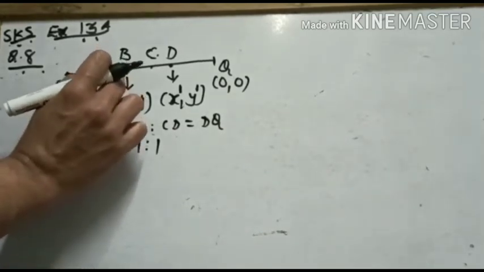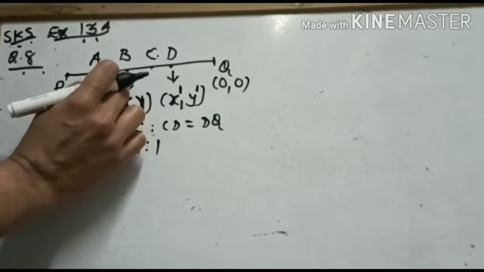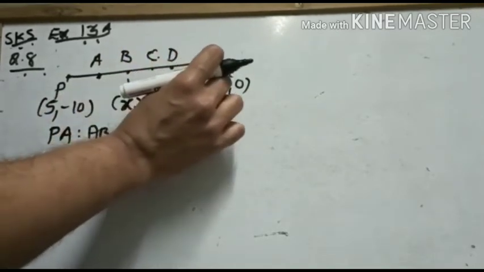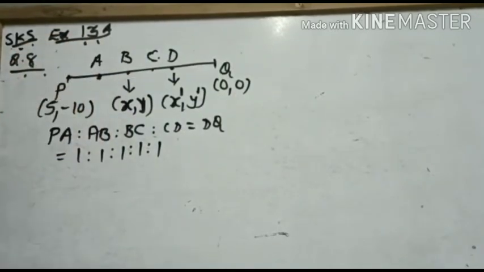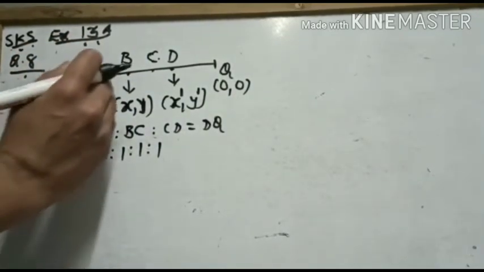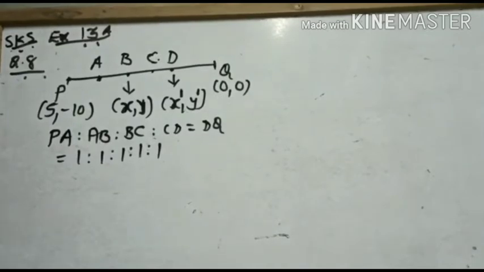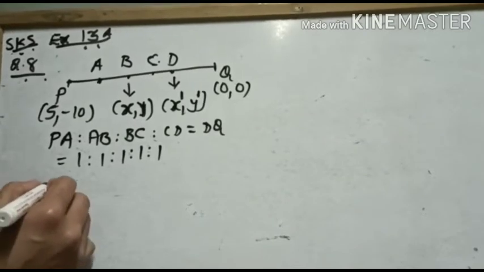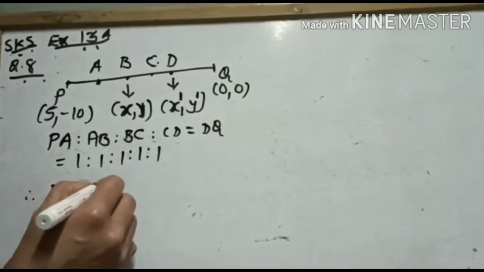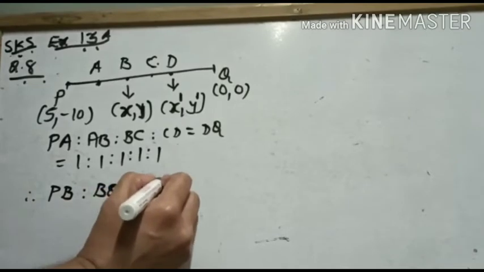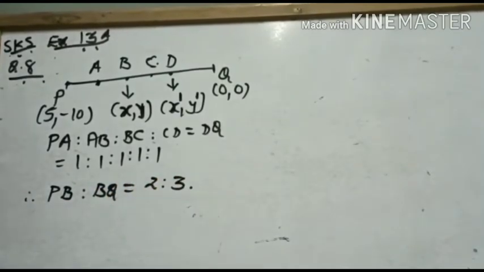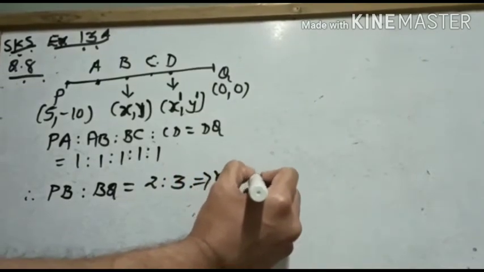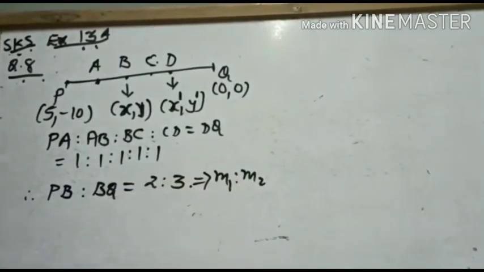So if I look at B, before B we have 2 parts, PA and AB, and after B we have 3 parts, BC, CD and DQ. The 2 parts before B are each equal, and the 3 parts after B, that is BC, CD and DQ, are equal. Hence I can say that PB is to BQ is equal to 2 is to 3, which gives m1 is to m2 equal to 2 is to 3.